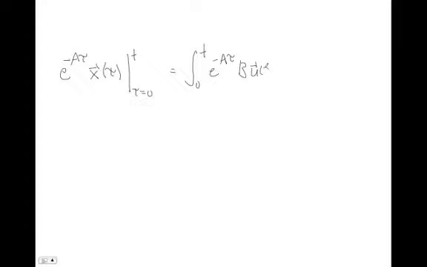And so that's going to give me something that looks like e to the minus A tau, and tau is just going to be my dummy variable of integration, x of tau, evaluated at t and tau equals 0, is going to equal the integral from 0 to t of e to the minus A tau Bu at tau d tau.